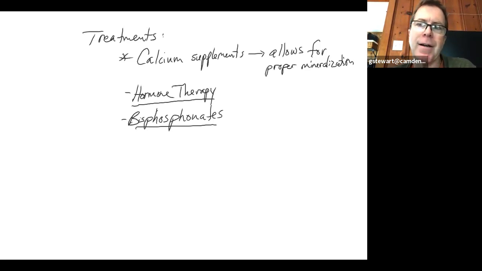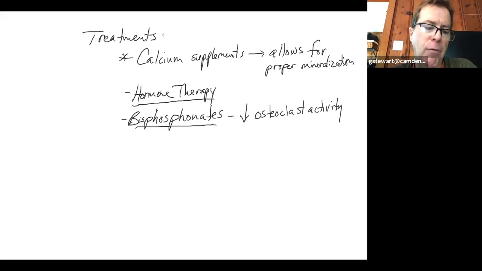It decreases osteoclast activity. So those bone cells that are degrading old bone tissue, dissolving old bone tissue, if we can slow those down, it affects their progress, then hopefully we can slow down osteoporosis. None of these are a cure. They're just treatments that help slow down osteoporosis.